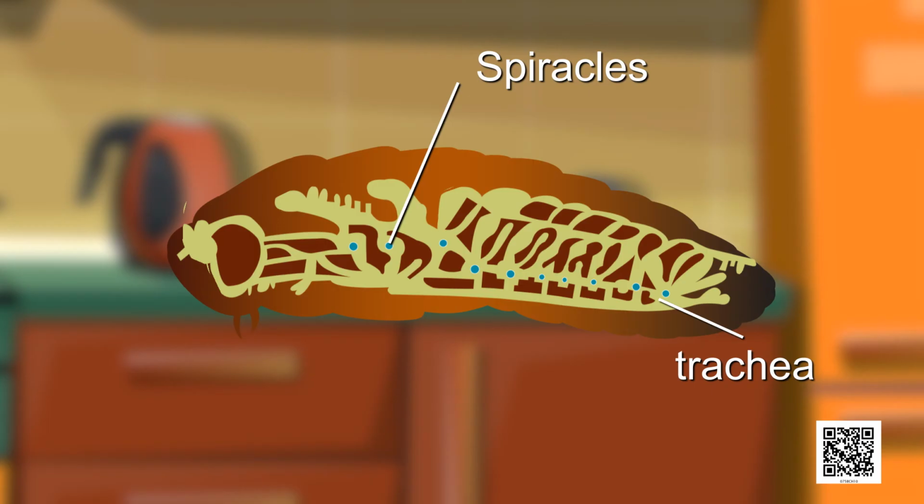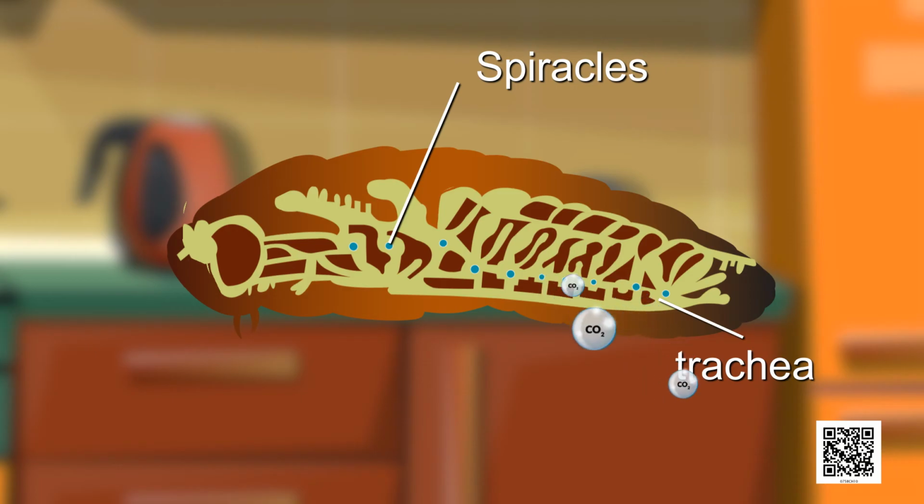Oxygen-rich air rushes through spiracles into the tracheal tubes, diffuses into the body tissue and reaches every cell of the body. Similarly, carbon dioxide from these cells goes into the tracheal tubes and moves out through spiracles.